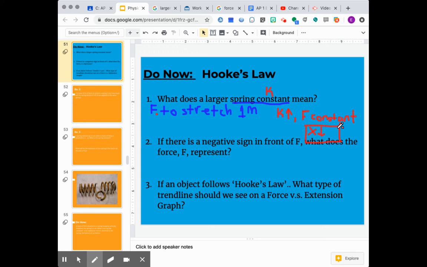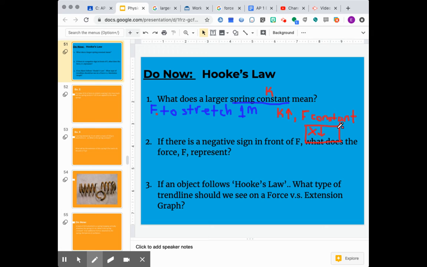You can either say that a larger spring constant at a constant force would mean a smaller displacement, or for a constant displacement, a larger force would be needed if the spring constant is larger. It's more difficult to stretch a spring that has a larger spring constant, so the restoring force would need to be greater.